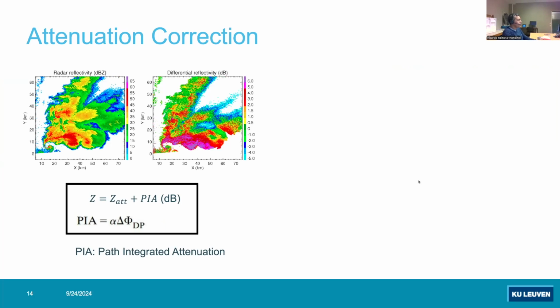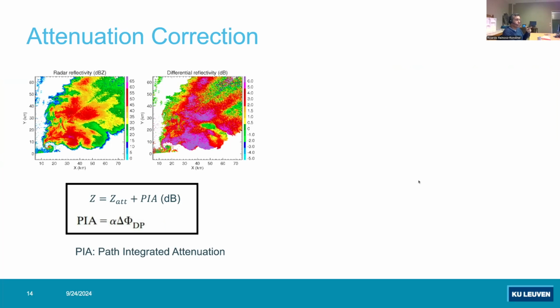But the good news is that we have differential phase again, which is independent of calibration and attenuation, and you can obtain a PIA. PIA means path integrated attenuation. So if you have the reflectivity, for example here, which is attenuated, you obtain the PIA, then you can obtain the attenuation corrected reflectivity. And that's what you see in these two plots.